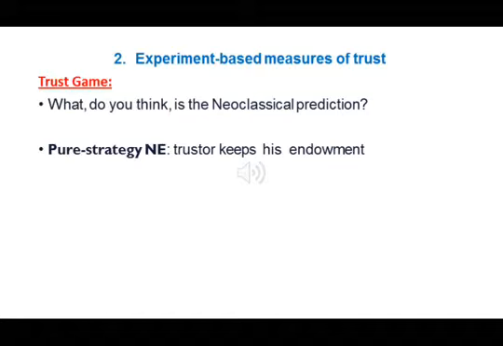So better send 0 from the beginning. So the pure strategy Nash equilibrium, according to neoclassical prediction, is that the trustor keeps his endowment and sends nothing to the other player. But what about the real world? What do you think will happen when this game is played in the real world?